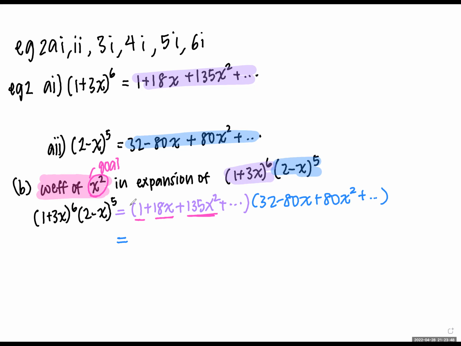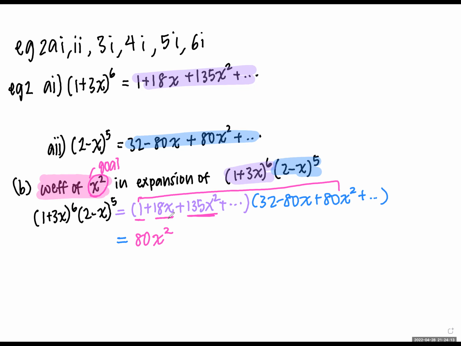So if the girls' team here is 1, this 1 partners with who over here to give me my x squared? 80x squared, because my ultimate goal is x squared. This partner with this means it's a multiply. So 1 multiplied by 80x squared gives me 80x squared.